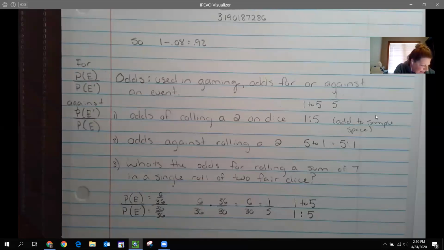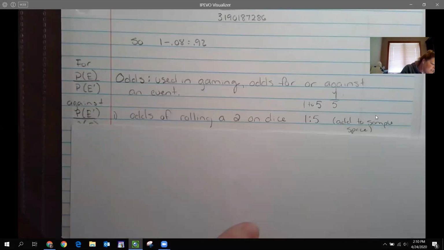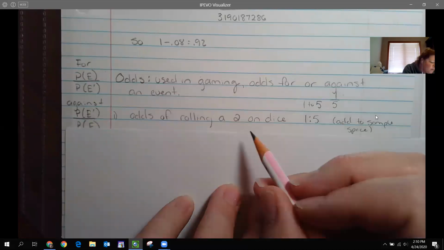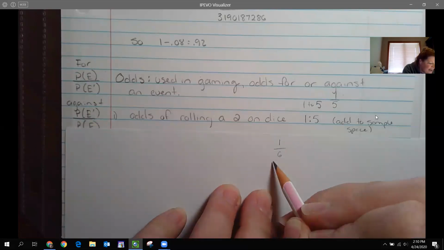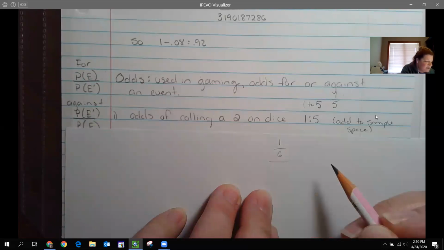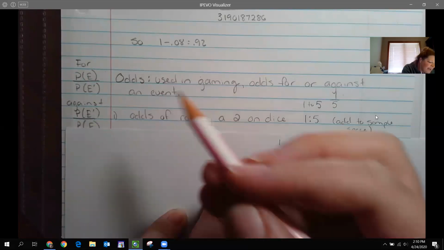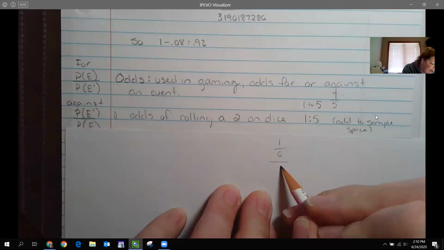So let's look at this. What are the odds of rolling a 2 on a dice? There's only one 2 out of 6, and for odds in favor, we're doing this one, and the probability of not is 5/6.